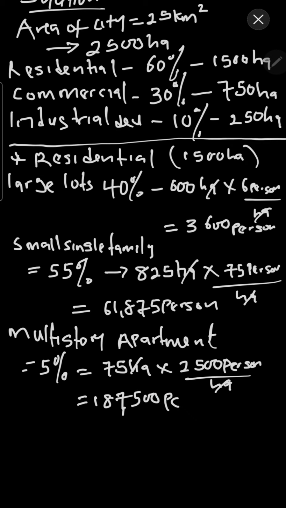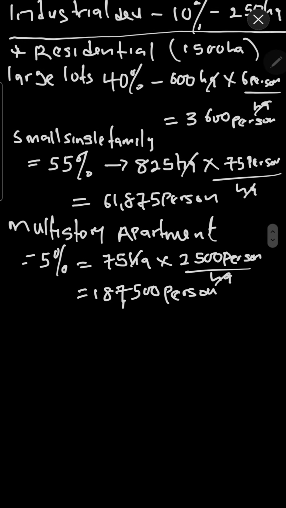That is 187,500 persons. So we know the number of people in the large lot, the single family lot and the multi-story apartment. All of this is still residential.